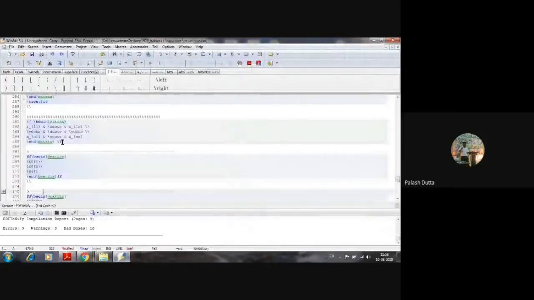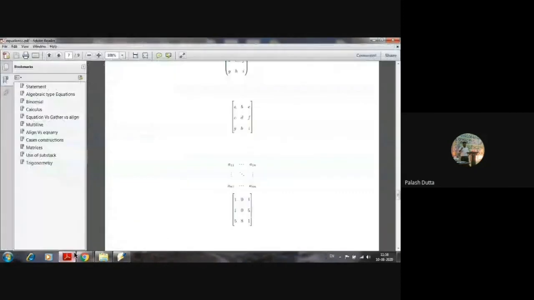Suppose we write begin matrix and end matrix, and in between, if we don't put any symbol before begin matrix and after end matrix, no bracket will occur here. This is double dollar, and this is also double dollar. This is simple.